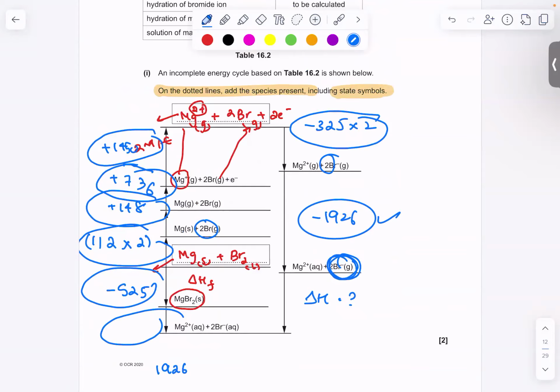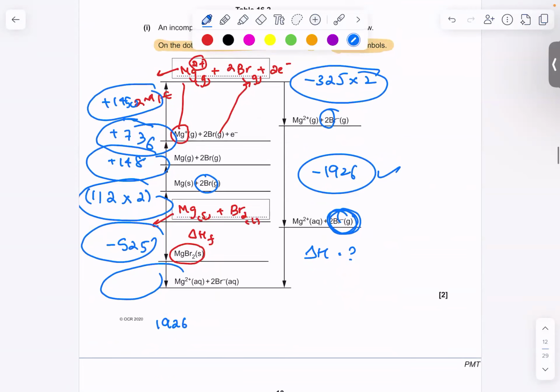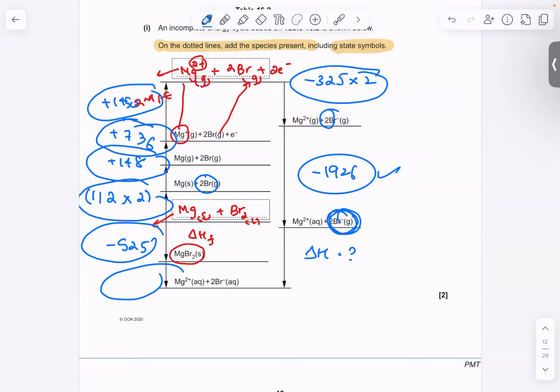Yes, Maya, what you need to do is add them up. Now I will do the other way around, right? But wait, sorry, which ones do I add up in what order? I'm leaving this, Maya, starting from here.